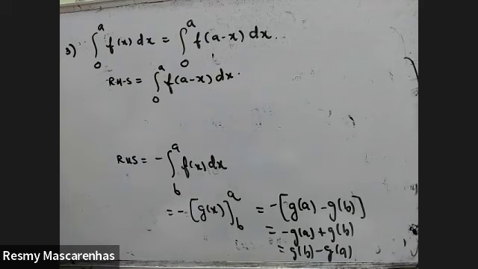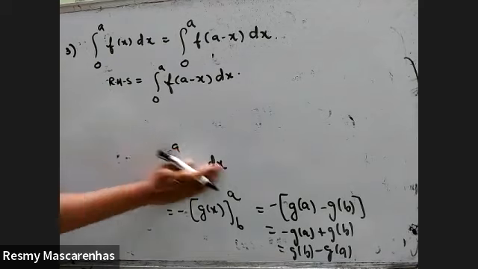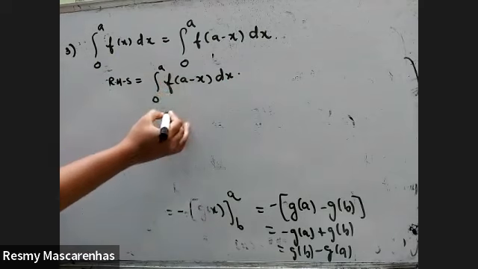Okay, this we'll have to do by the substitution method. Whatever is inside the bracket, we'll assume it to be t.